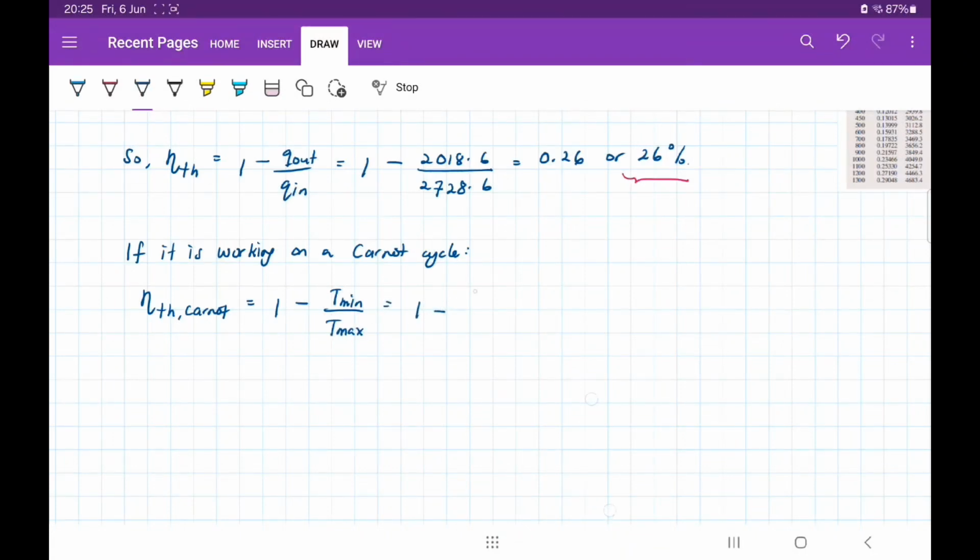So this is 1 minus (91.76 plus 273) over (350 plus 273), and this equals 0.415. It means that 41% of the heat can be converted into work. But then of course, ideally, in actuality this would not happen, right?